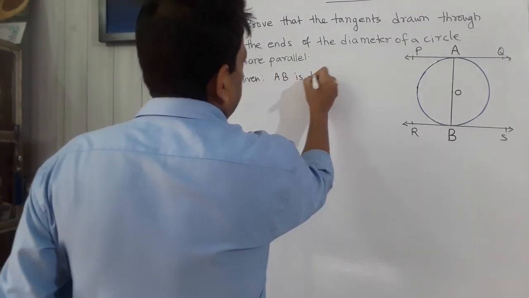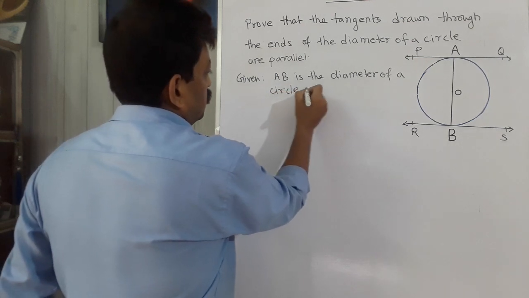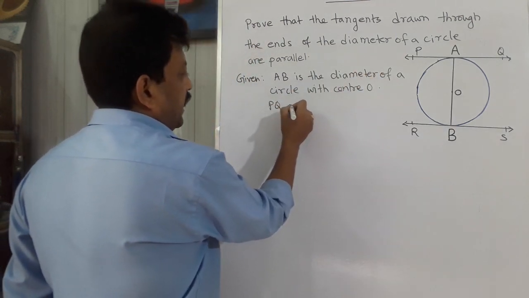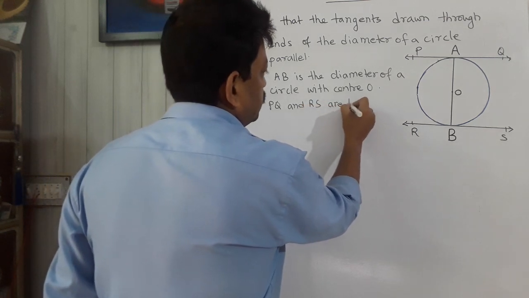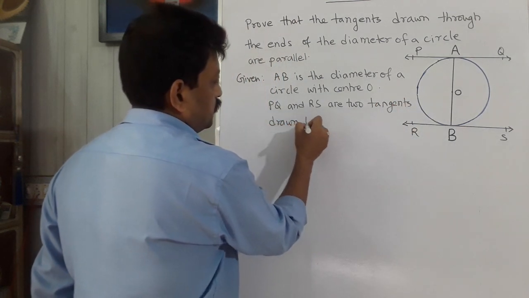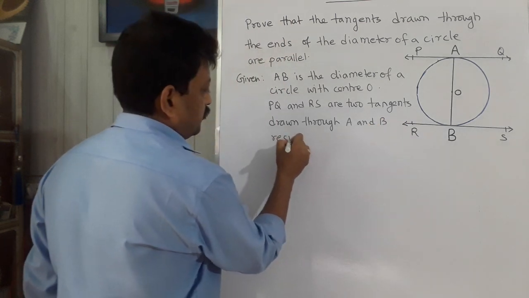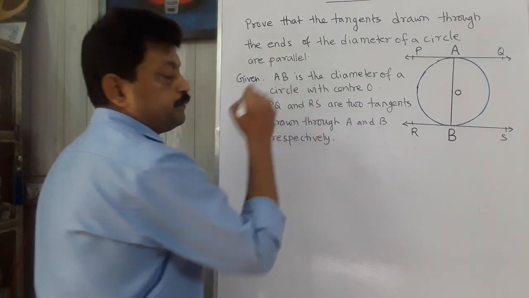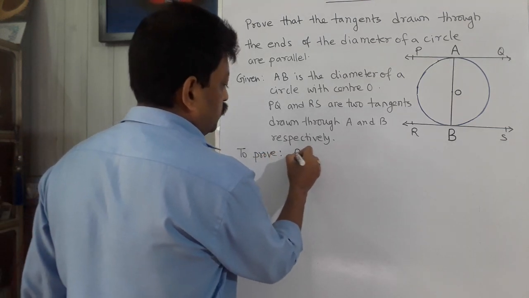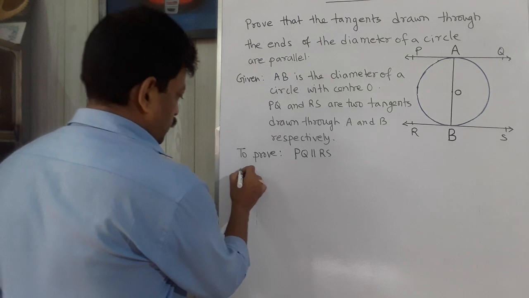AB is the diameter of a circle with center O. To prove: PQ is parallel to RS. Now the proof.